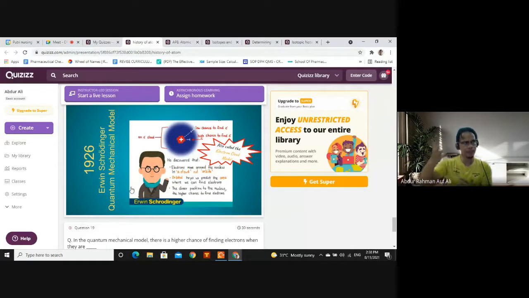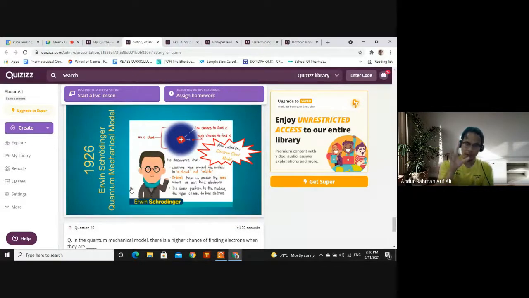They pictured, okay, maybe the electron moves like this, maybe it has a lot of different energy, and they constructed a mathematical equation to prove their hypothesis. So all the great minds performed this thought experiment and they came up with the quantum mechanical model. So what exactly is the quantum mechanical model that we still use up until now?